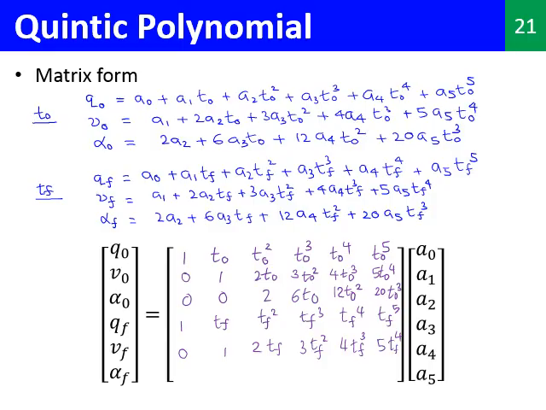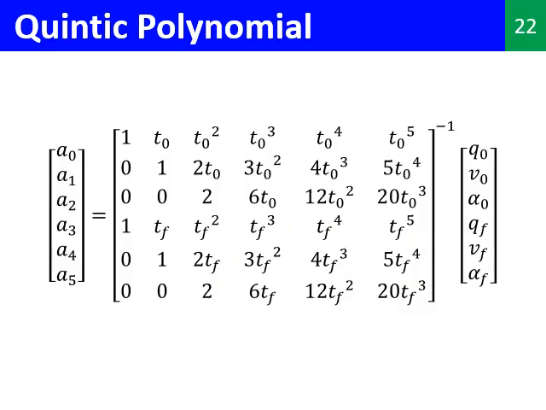And for the final row we have 0, 0, 2, 6 tf, 12 tf squared, and 20 tf cubed.